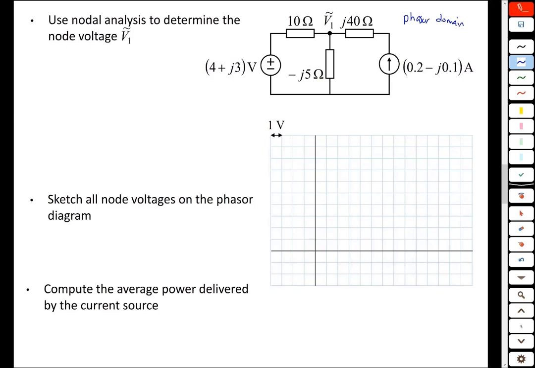So using nodal analysis, basically you're doing KCL at the different nodes. So we basically have that node is ground. So basically we're summing up this current plus that current plus that current is equal to 0. The current to the left is what? It's V1 phasor minus the voltage at this point, which we're given because it's a voltage source. So 4 plus j3 all over that impedance, which is 10 ohms.